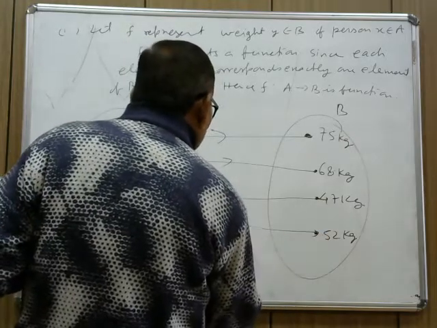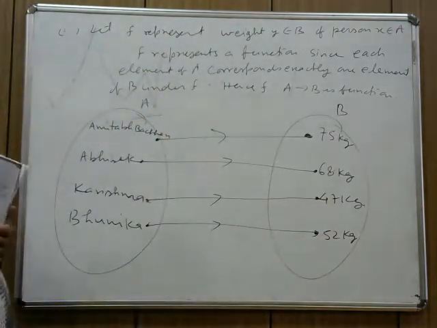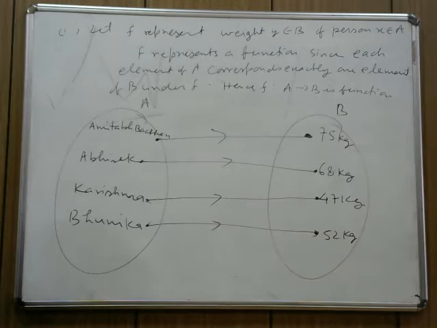So now you see that, first of all, the diagram from set A to B makes the relationship between the members given in A and their weights given in set B. Now you correlate whether this pictorial diagram represents a function or not.